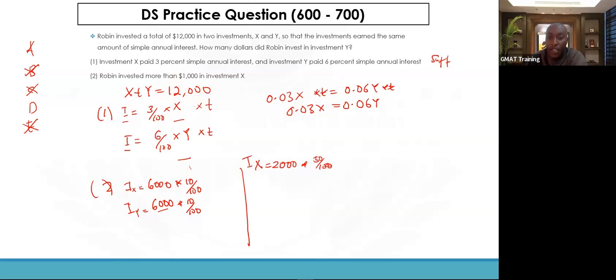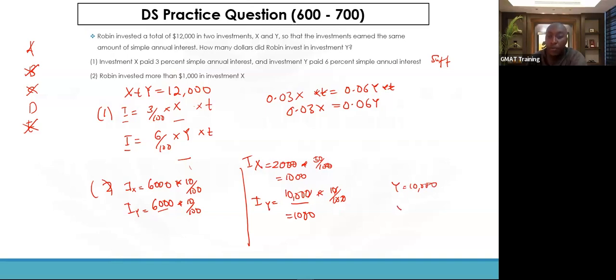You can have the zeros go out, and have 10 and the 2 zeros, that's 1,000. For the interest of Y, let's give Y 10,000 with an interest of 10%. In this case, it cancels out and we also have 1,000. Therefore, the interests are the same, but the value of Y here is 10,000.